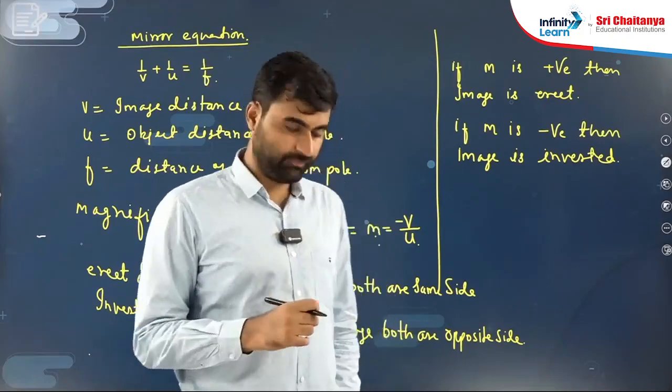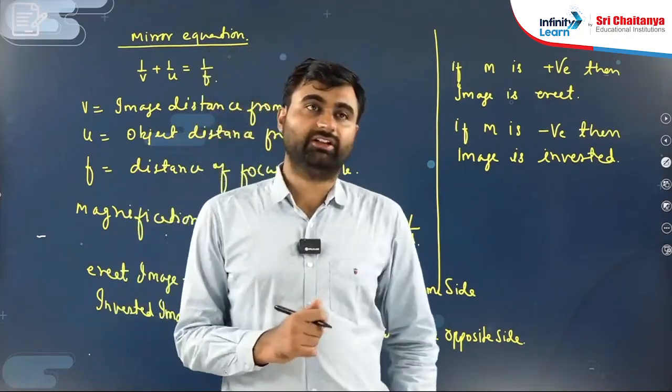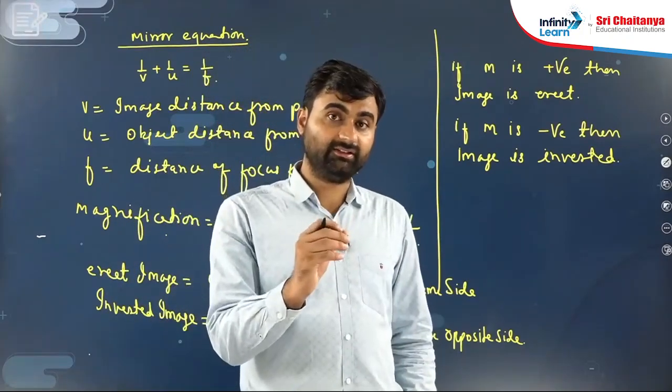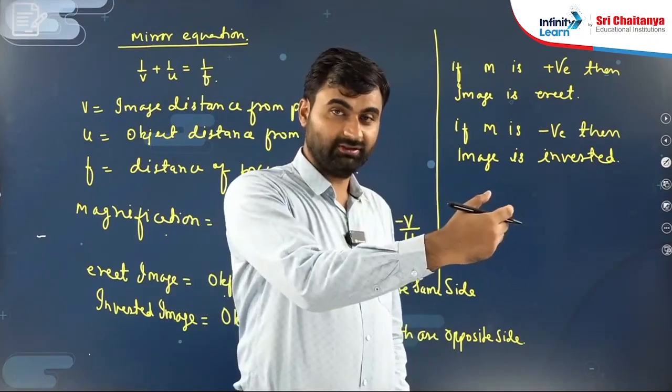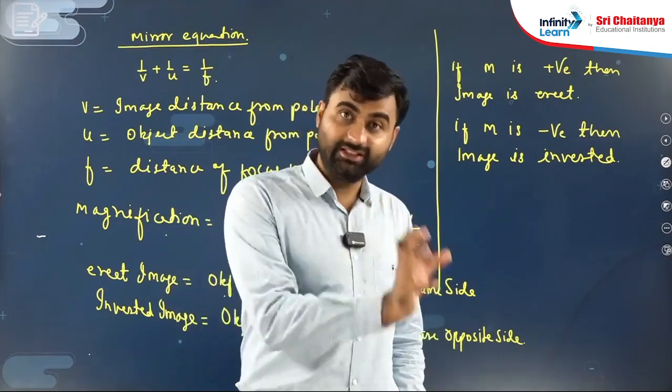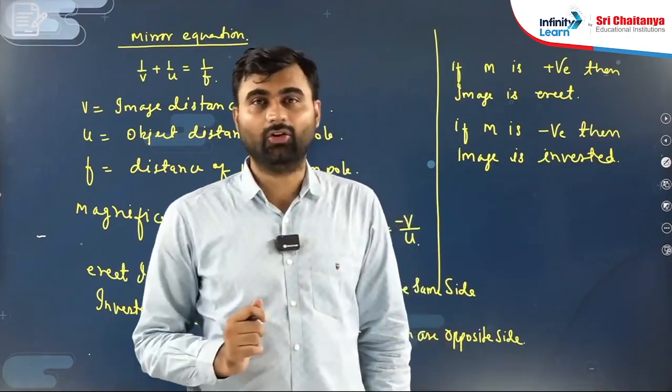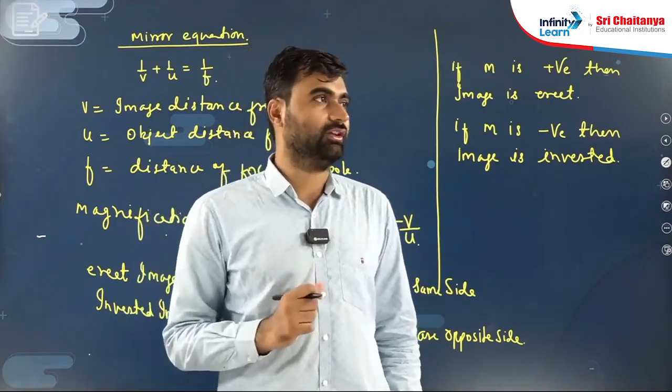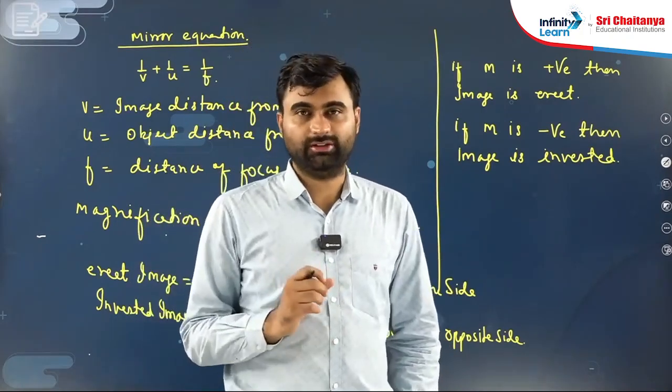Now the next point: sometimes we have to find out how much more the image size is than the object size, or how much less the image size is than the object size, right or not? So how to find out?